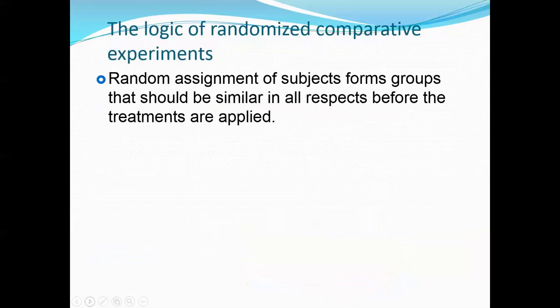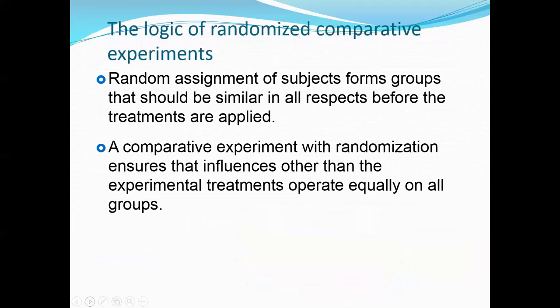The logic of randomized comparative experiments. Random assignment of subjects forms groups that should be similar in all respects before the treatments are applied. A comparative experiment with randomization ensures that influences other than the experimental treatments operate equally on all groups.